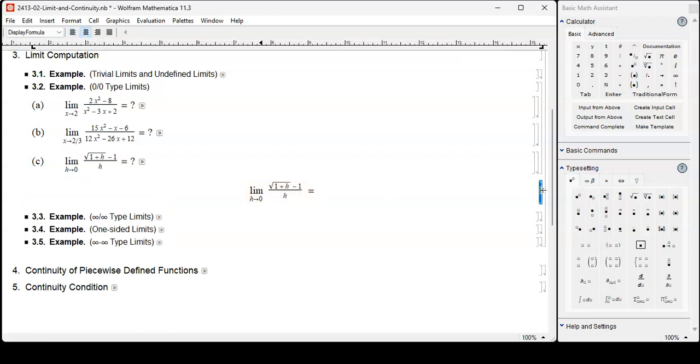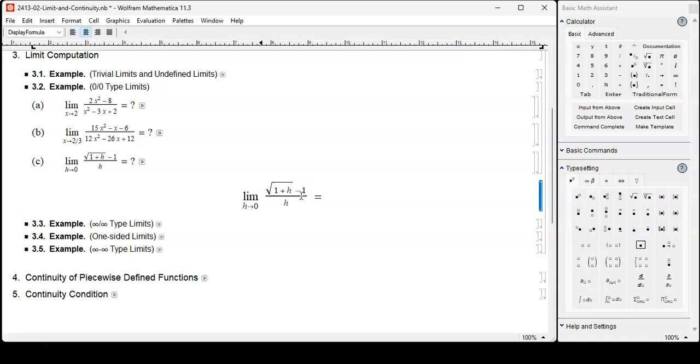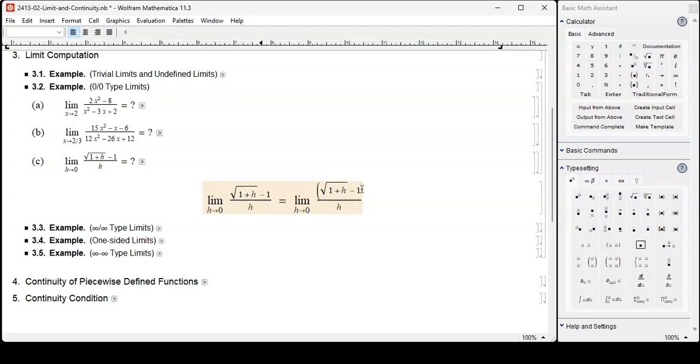Well, one way to handle the problem with square root is to consider the conjugate. Multiply the conjugate of this numerator to both numerator and denominator. So that's the conjugate.